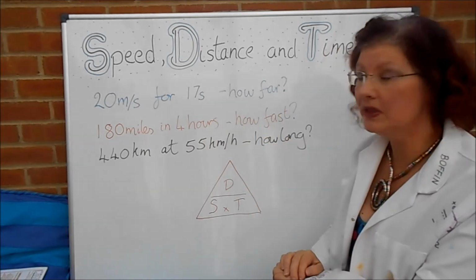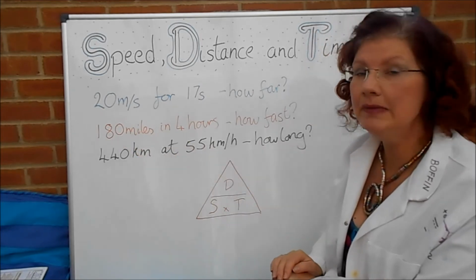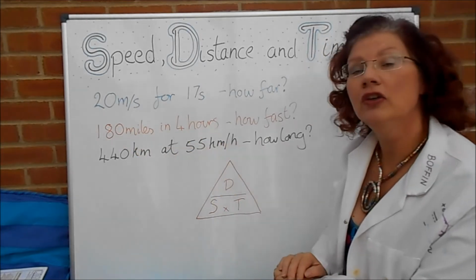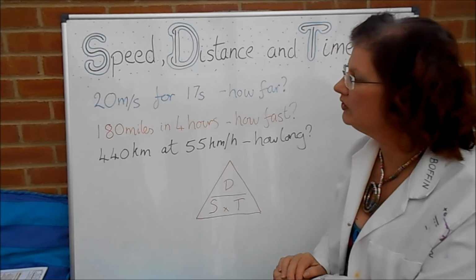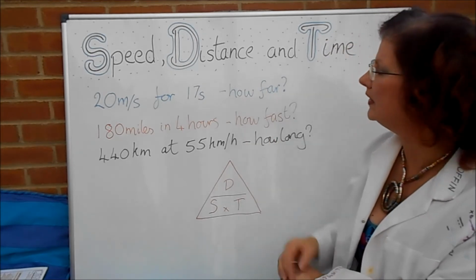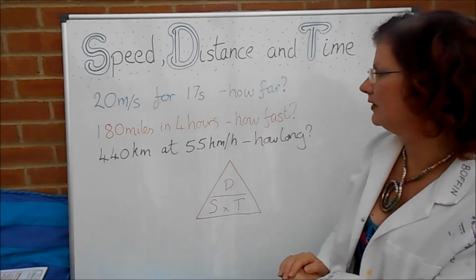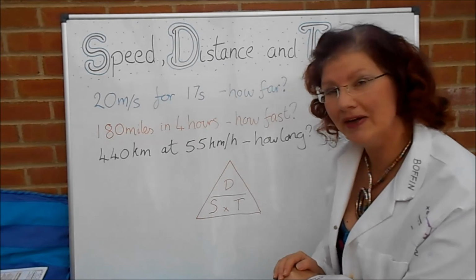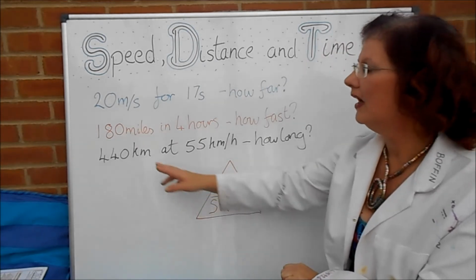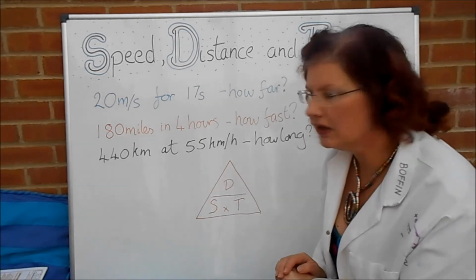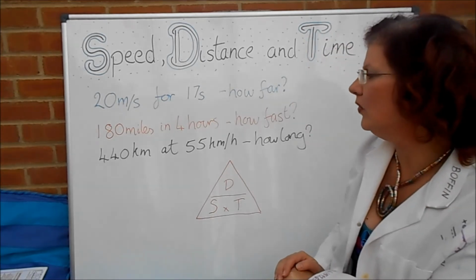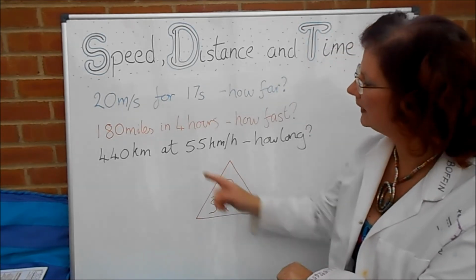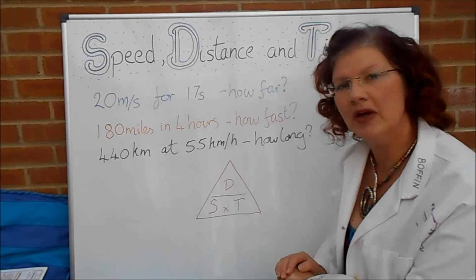The second one, you're doing a journey of 180 miles and you go there in 4 hours. You're probably going by car in this one. How fast are you going if you cover 180 miles in 4 hours? And for the third one, we're going on the continent here, 440 kilometres at 55 kilometres per hour.